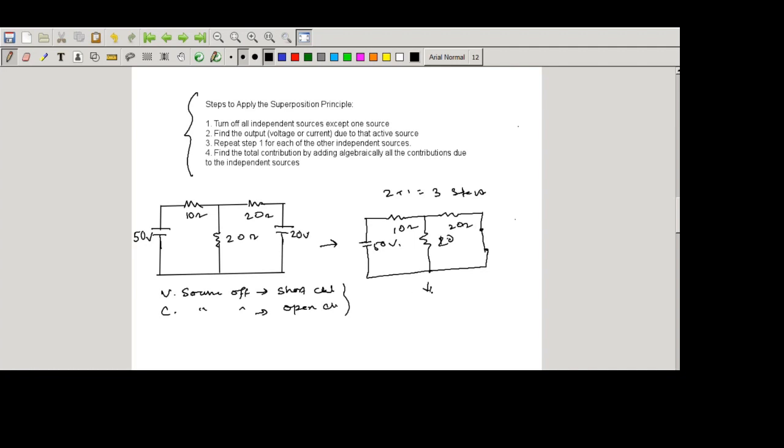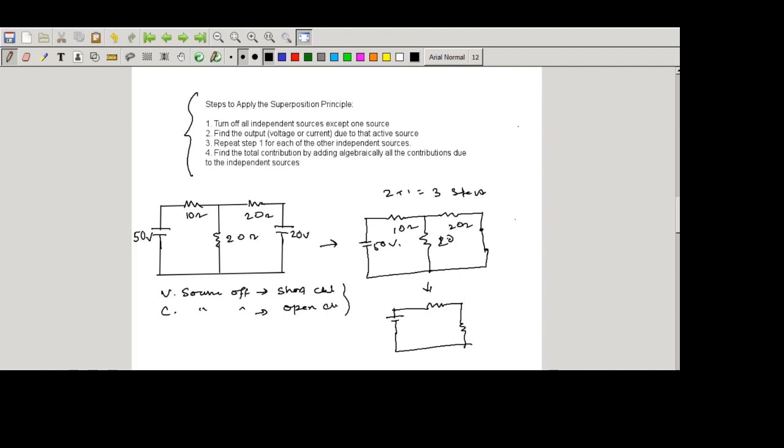Now if we simplify this circuit again, the 50 volt source remains the same, and here the 20 and 30 ohm resistors are in parallel. So we can write here 10, and the 20 and this 20 we can combine using parallel.